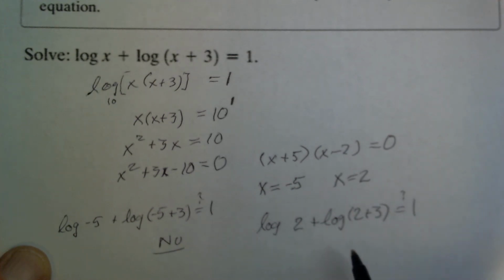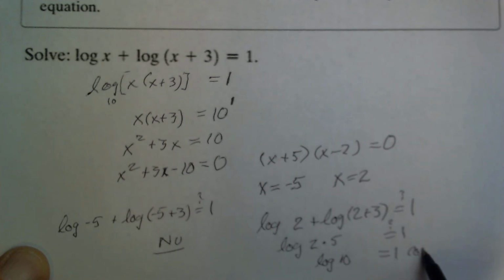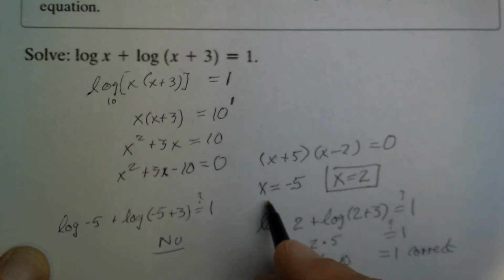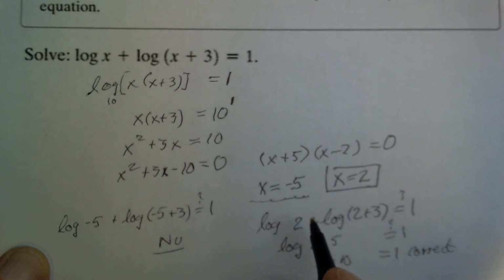Well, this means the log of 2 times 5, is that equal to 1? Well, that's the log of 10. The log of 10 base 10 is equal to 1, so that is correct. So in other words, the solution is x equals 2. x equals minus 5 is not a solution in this case.